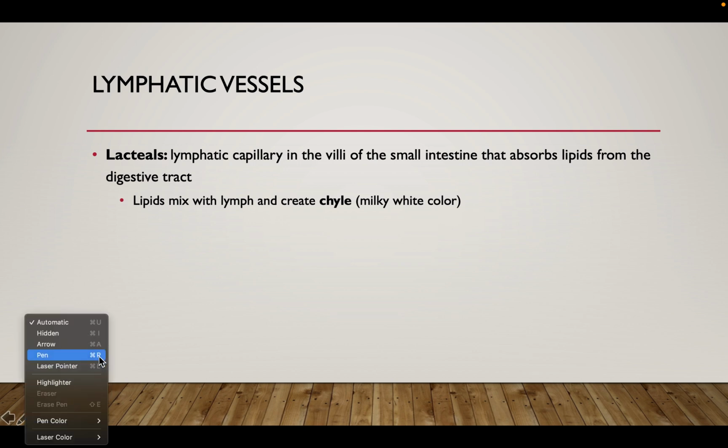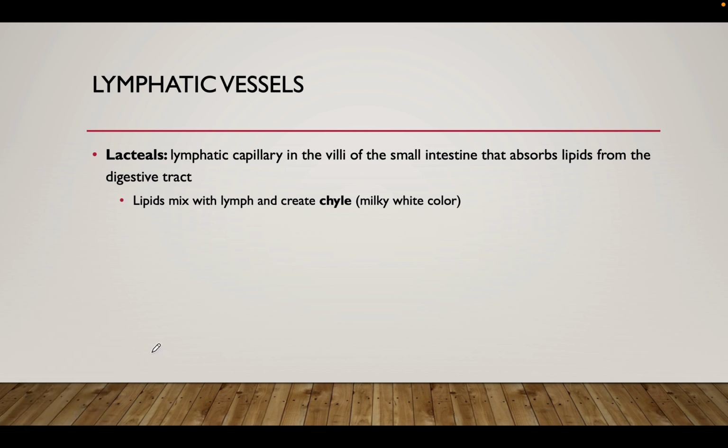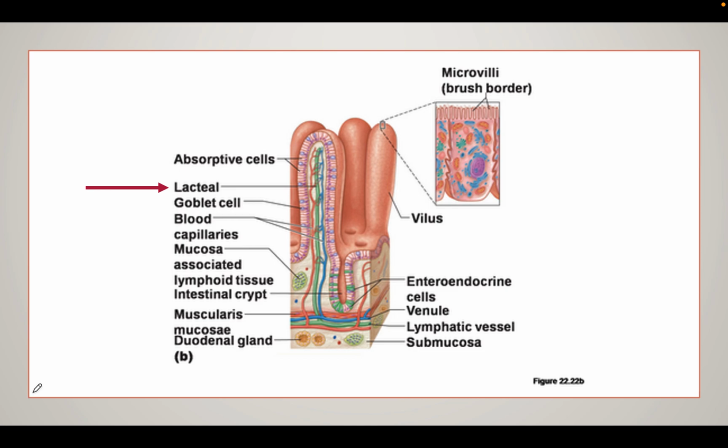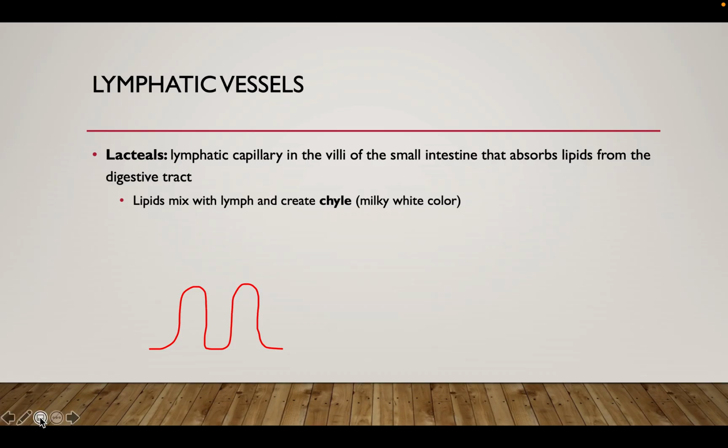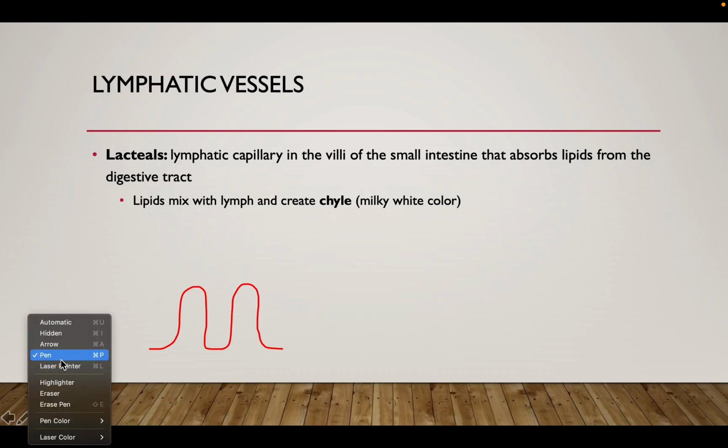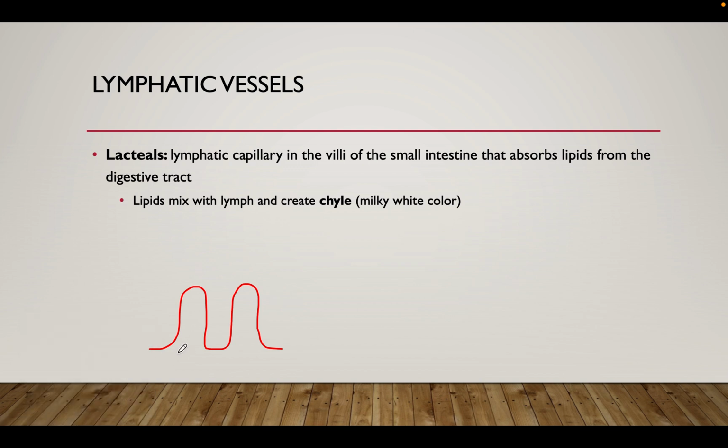So what they look like is these large finger-like projections that kind of look like this. And what they have in the middle of them is a small lymphatic capillary that's going to run up in the middle just like this. So it will come up and then come back down and then come over.